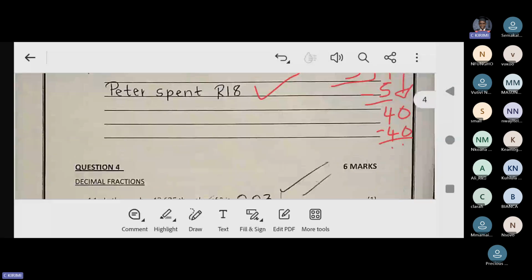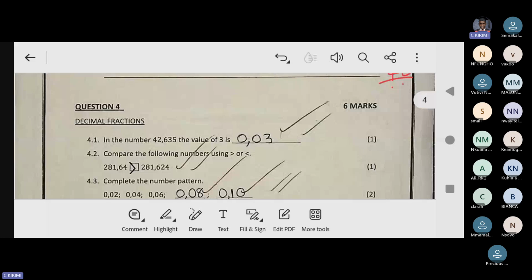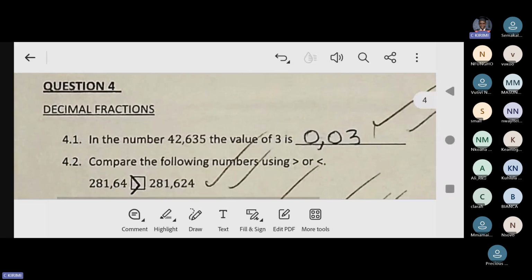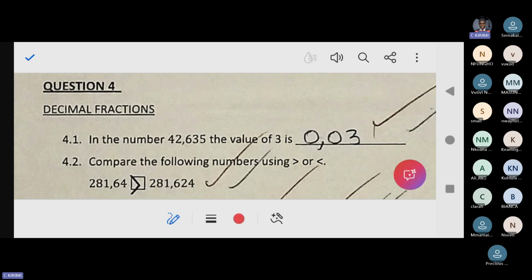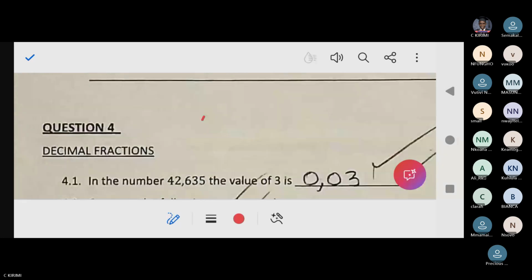Okay, let's continue. So now we are given the number 42,635. First you must write that number in the place value table. 42,635.